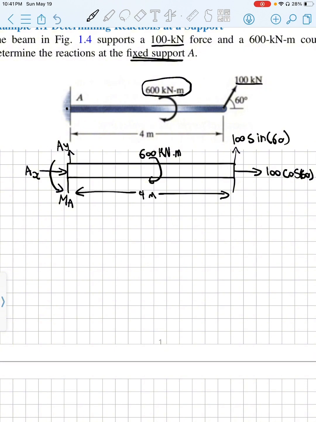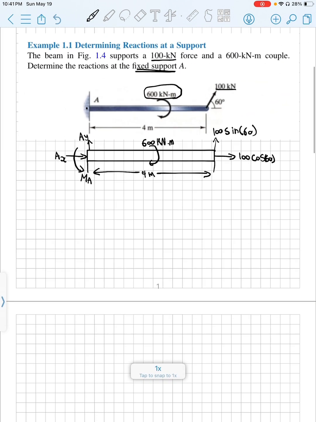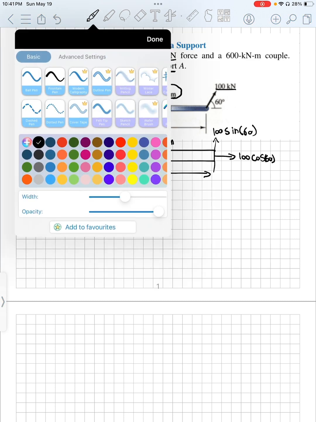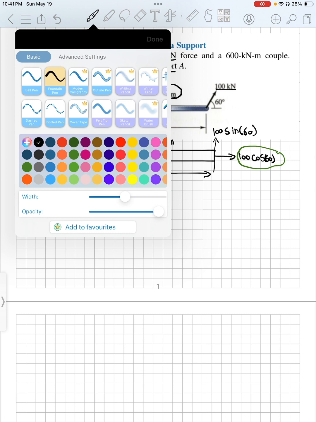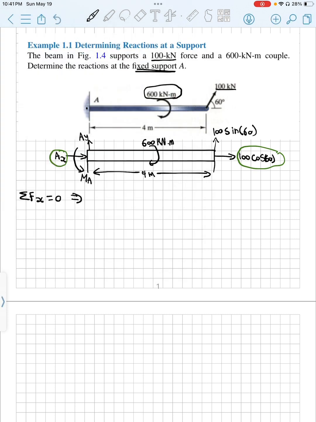So that's 4 meters. Let's start with the summation of x. So summation of forces in x equal to 0. What are the forces that we have in the x direction? We have this one and this one. Both of them are in the same direction, to the right, so they should have the same sign, let's make it positive.